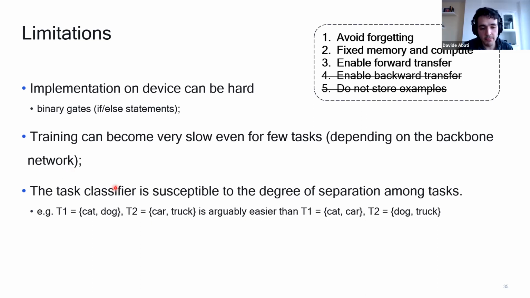There may be some groupings, such as task 1 is cat and dog, so animals, and task 2 is car and truck, so vehicles, that are easier for the task classifier to distinguish than the same classes with different groupings, such as task 1 is cat and car and task 2 is dog and truck. I want to highlight that in our experiments the assignment is always random, so we're closer to the second example, but we expect that if we build some semantically coherent tasks, the performance of the task classifier and, in turn, of the model will become better.